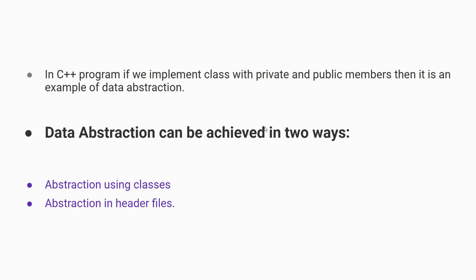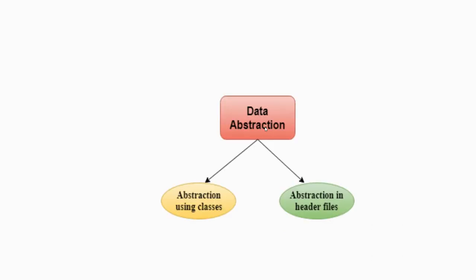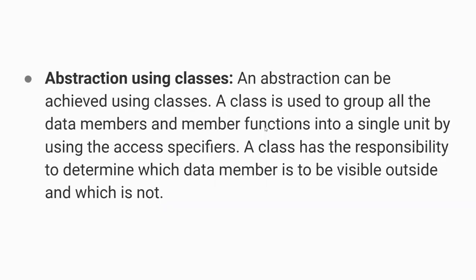Data abstraction can be achieved in two ways. The first way is abstraction using the classes, and the second way is abstraction in the header files. See the picture. Data abstraction is divided into two types: abstraction using classes and abstraction in header files.